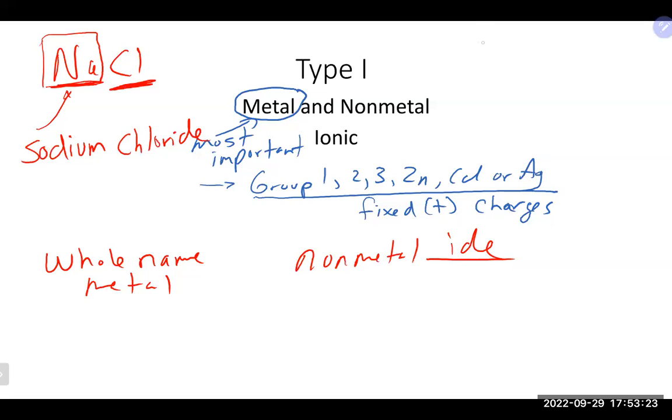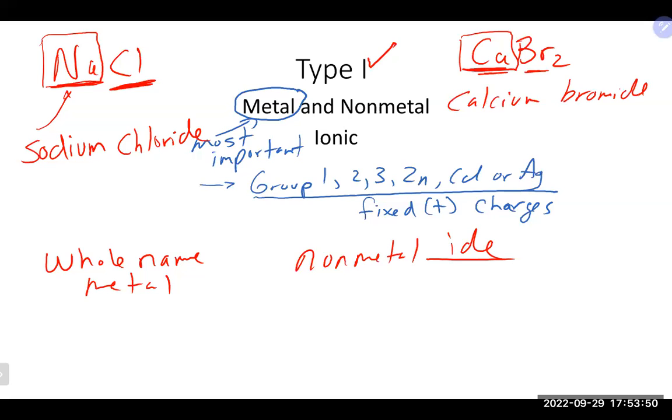If we take the one that we did a second ago, CaBr2, this would be calcium bromide. Once again, this is a metal. That is a non-metal. The metal here is group number 2, which means it is a type 1 compound. So we go with calcium, and bromine gets the bromide -ide treatment.